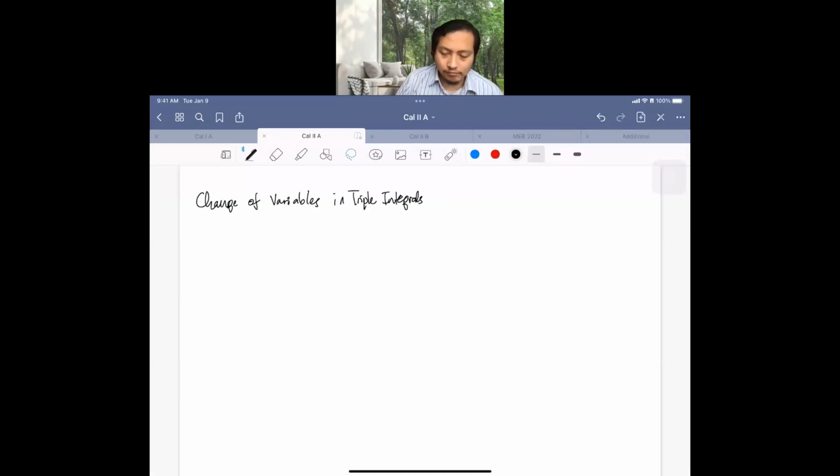First, the assumptions are the same as we did in the double integral.